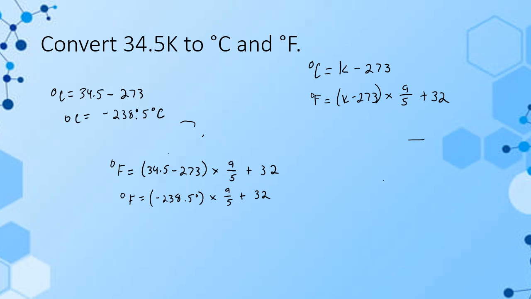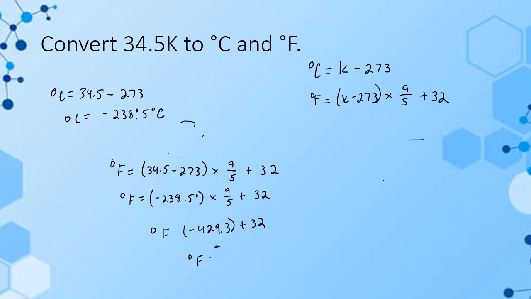So then we will multiply negative 238.5 times 9/5, and that is equal to negative 429.3 plus 32.